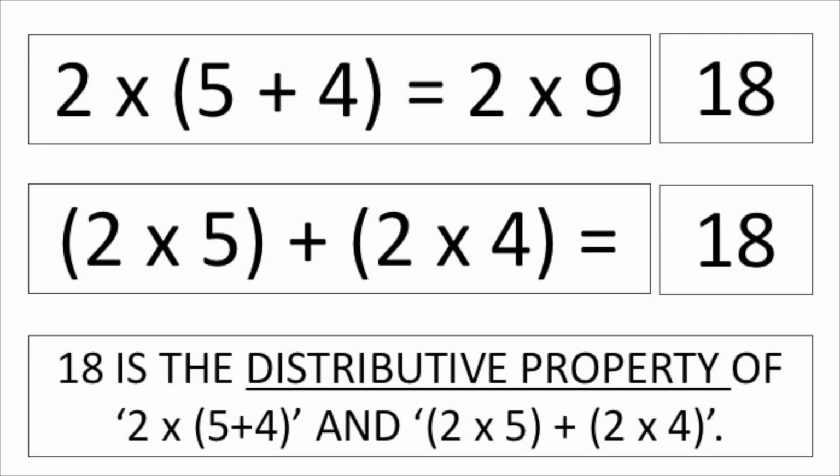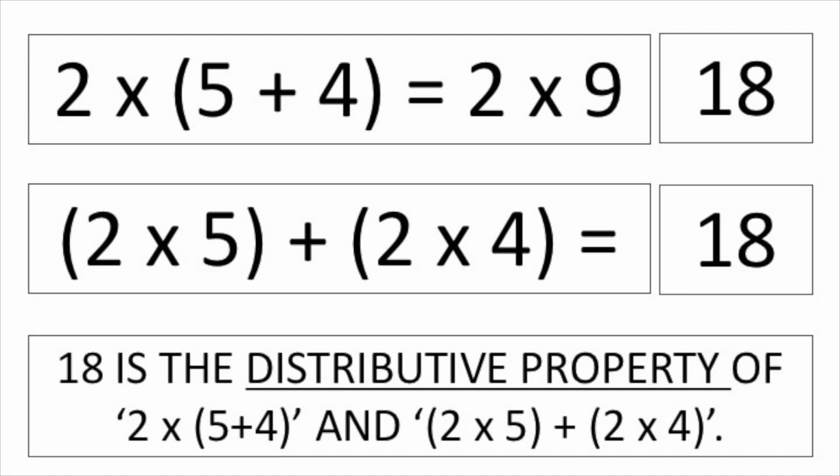We can just say, instead of 5 plus 4, we can just use the 2, 2 times 5 plus 2 times 4. So 2 times 5 equals 10, and then 2 times 4 equals 8. So 10 plus 8 equals 18.